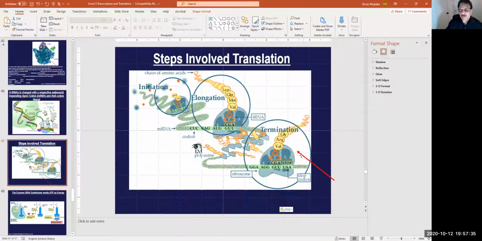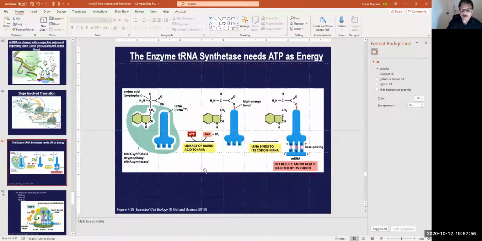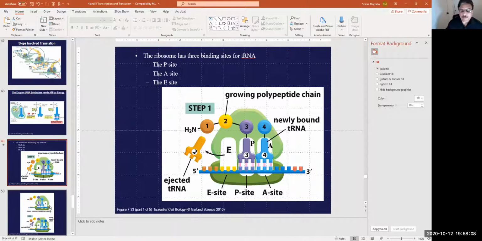And then at some stage, the chain of protein doesn't grow forever. Every protein is made up of a specific number of amino acids. That's because there is a stop signal through the stop codon, and the protein length is determined by that. So this example I already gave you, that codon and anticodon interaction is important for synthesis of the polypeptide chain.